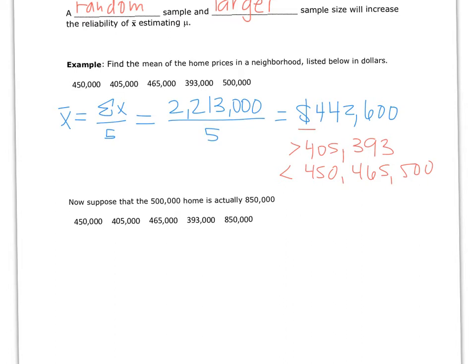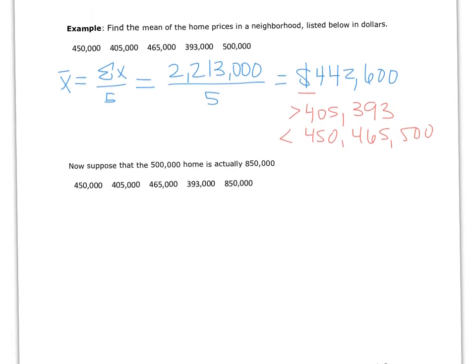So it's that mean value. It's not an actual value from the data list, but it is right in the center if we plugged it in there. Now, suppose that 500,000 was actually 850,000. Let's recalculate the mean if that's the case. So again, we have x bar.